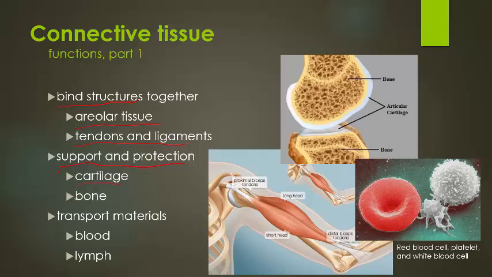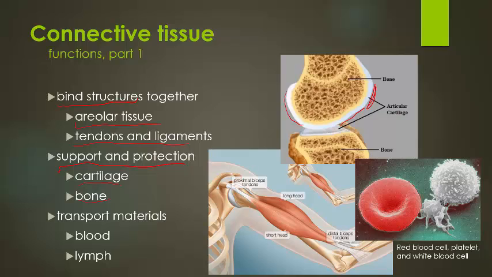So cartilage and bone each have a very supportive and protective function. Here we see some spongy bone at the tip, or at the epiphysis of a bone, as well as the cartilage that lines or covers that bone, and is found inside the joint capsule.